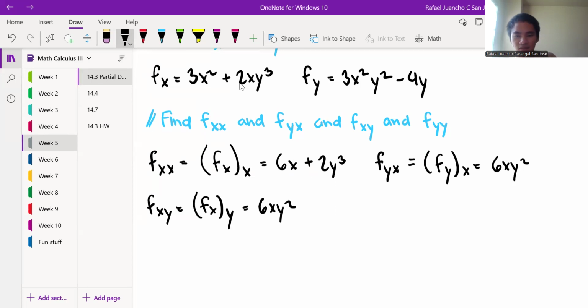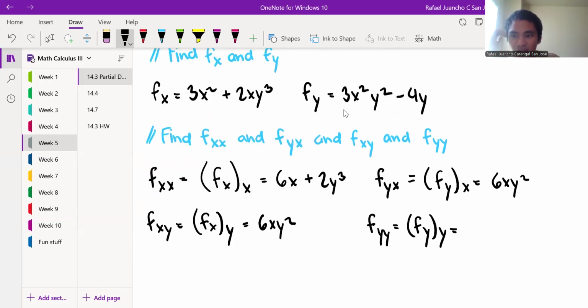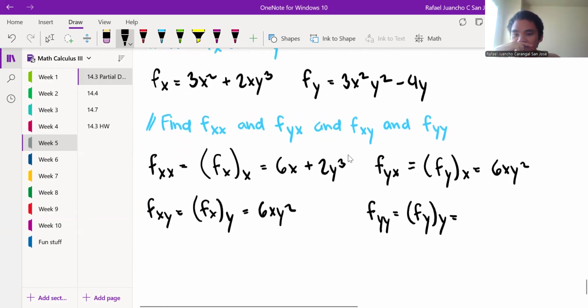Okay, cool. And then lastly, let's do y. And here I get what? Well, I get something. I treat my x as a number, and I treat my y as a variable.